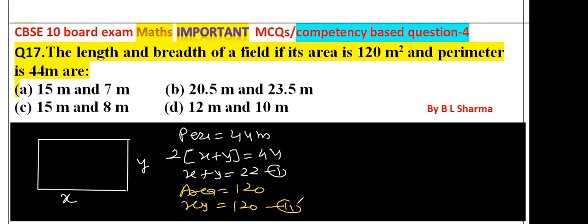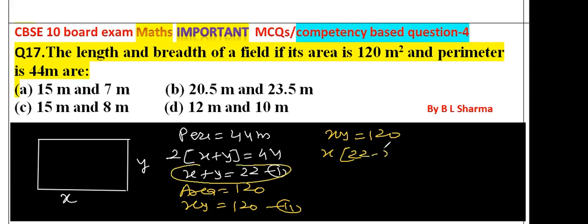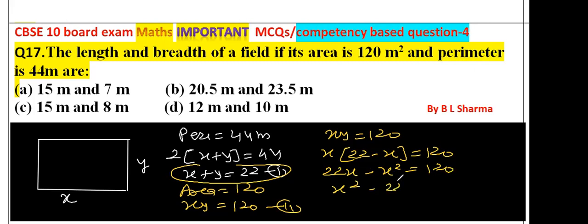So look here, xy is 120, x as it is. In place of y, we can write 22 minus x, that is 120. So 22x minus x square is 120. So x square minus 22x plus 120 is equal to 0.